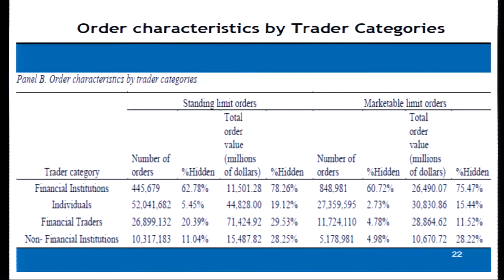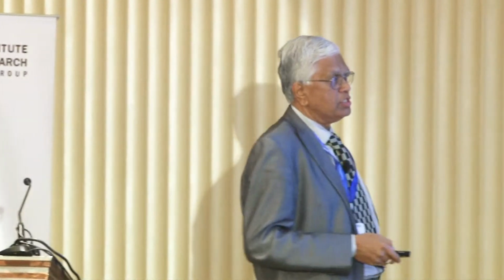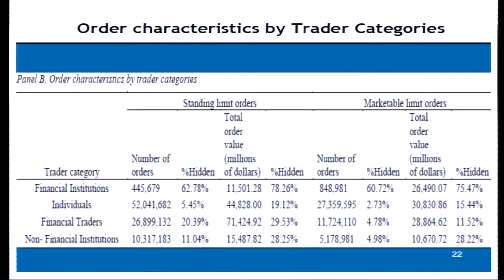We also divide, since we have the data which is very granular, we divide it in various different ways. And all of the various ways lead to the same result, but I'm presenting just one. So we divide it into financial institutions, individuals, and financial traders.